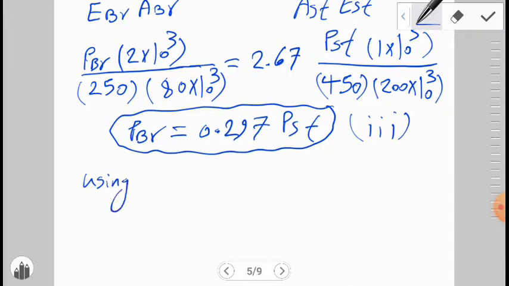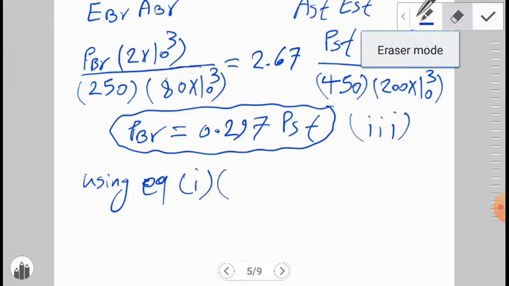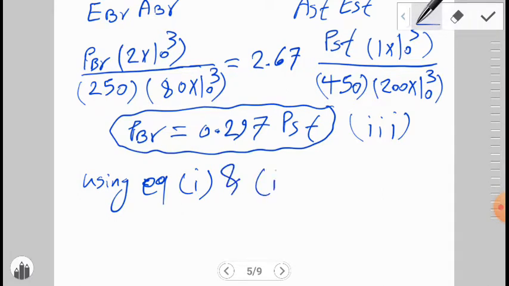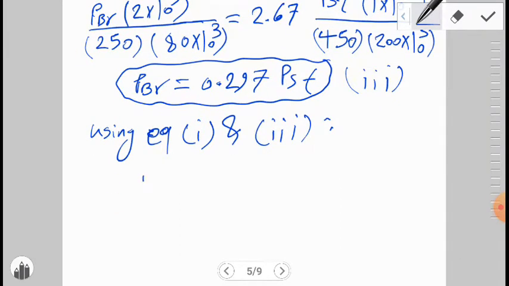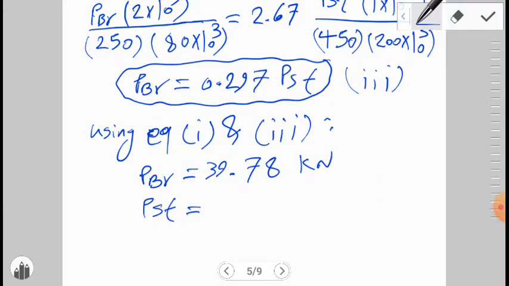Using equations 1 and 3, we have PBR is equal to 39.07 kilonewton, and P steel is equal to 133.95 kilonewton.